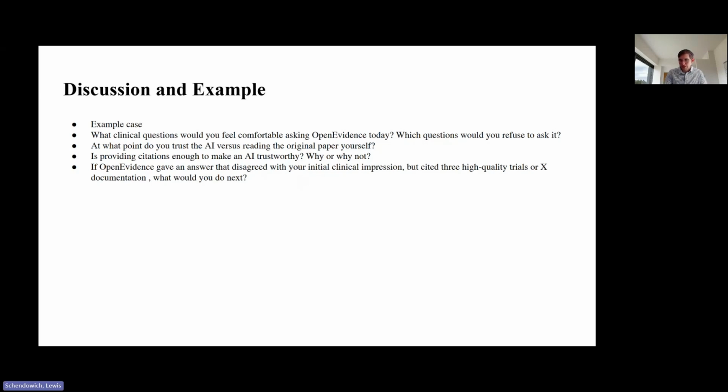But if you were to take away one thing, I think it's important for everybody to realize that you cannot just rely on the output of OpenEvidence, because ultimately you are still legally responsible. And if the model errs, then the responsibility is still on your shoulders.